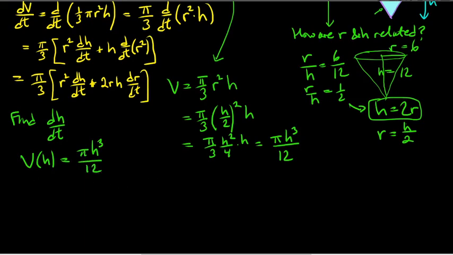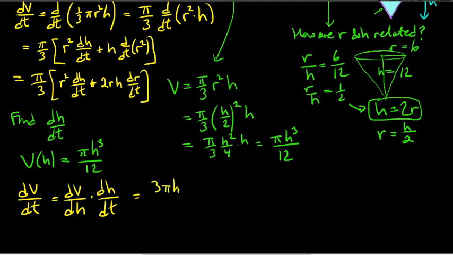So this will give us the volume of water strictly as a function of h. Now we can take the derivative of v, still with respect to t. In other words, we're going to use the chain rule here. We're going to take the derivative of v with respect to h times the derivative of h with respect to t. So the derivative of v with respect to h is going to be 3 pi h squared over 12 times the derivative of h.